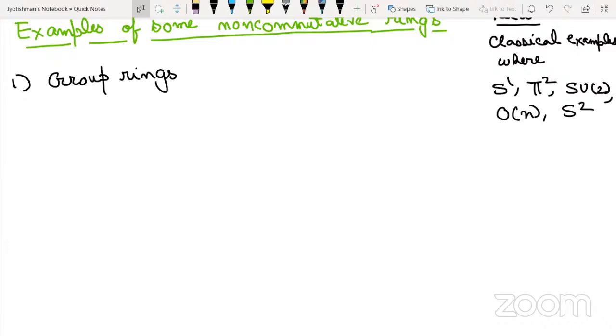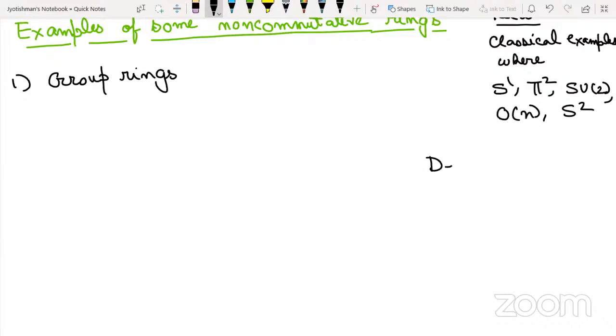Before I give the examples, let me point out that our rings will be a bit special. They will have the ring structure as well as a vector space structure, and both these structures will be compatible.